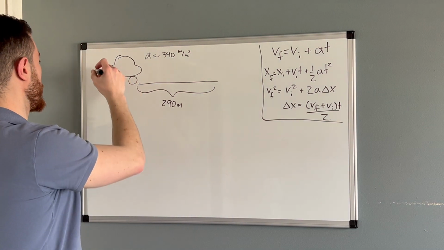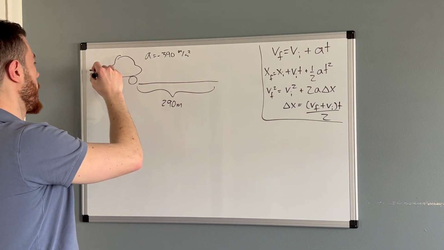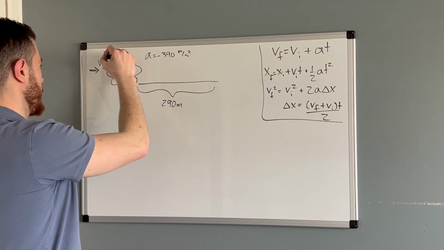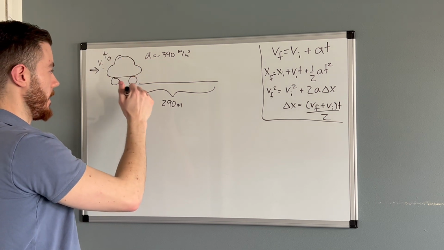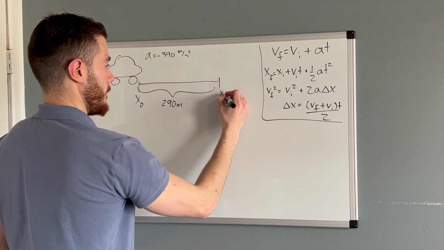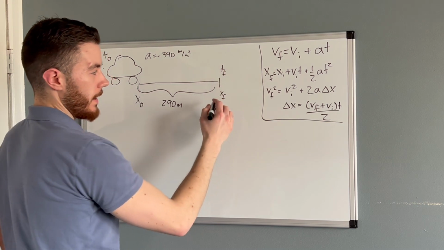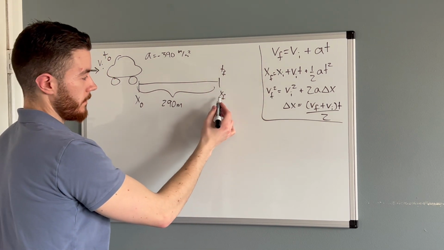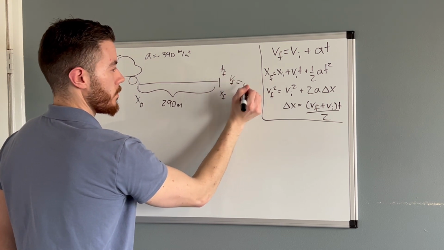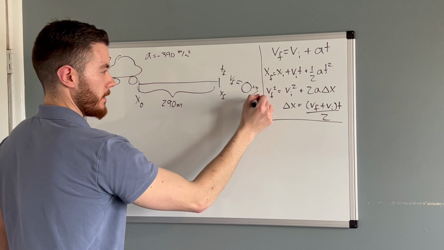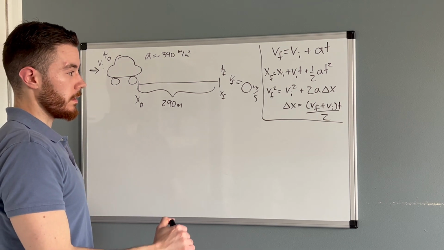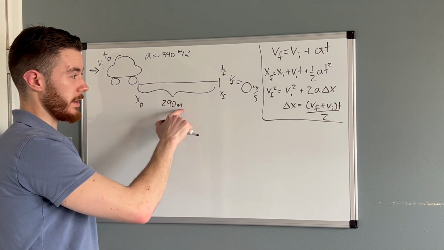A couple things. Here's our drawing. It's traveling with some velocity Vi at t0, and we'll call this x0. Here's some xf, tf at this location in space, the final position. At the final time, it has some Vf equals 0 meters per second because it stops moving. It skids 290 meters and then stops.